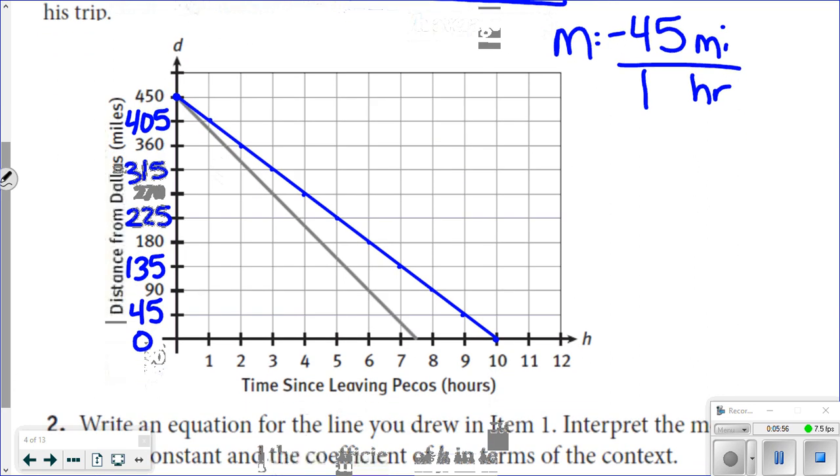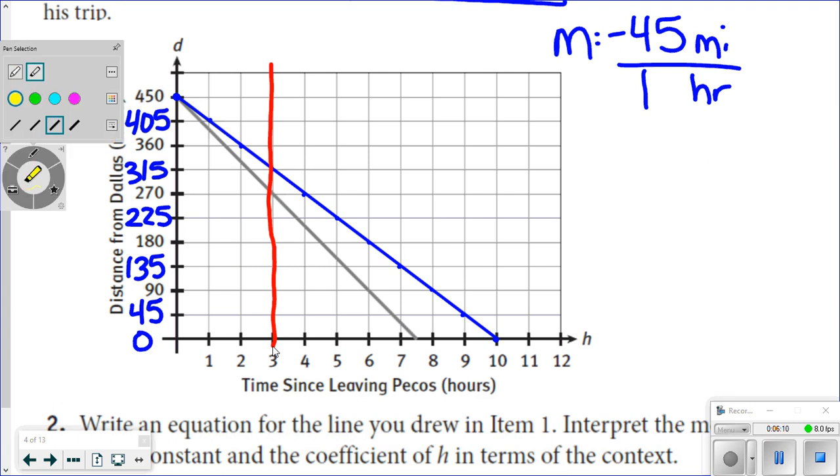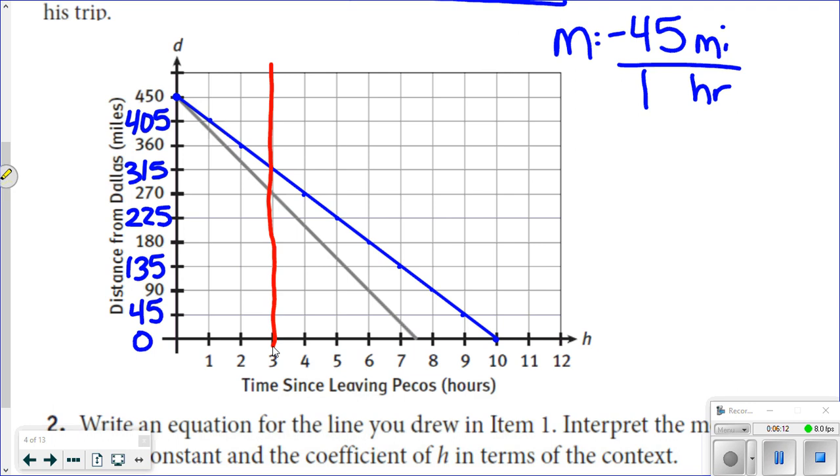And I'm going to draw in a vertical line at h equals 3. And it said to highlight the portion of the line. So that would only be this portion right here that represents all the possible distances.